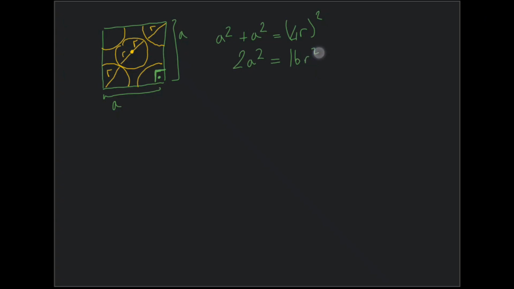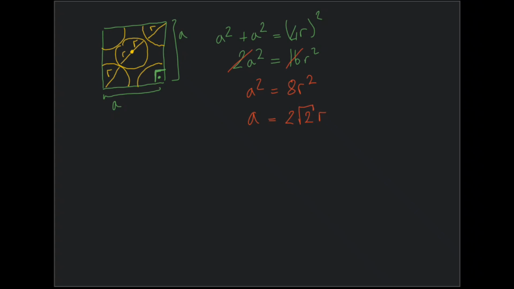So this is 16R squared, since the hypotenuse consists of 4R, right? I have to put numbers, but maybe I can make something simple here. So A squared will be equal to 8R squared, or A will be equal to 2 square root of 2 R, right?